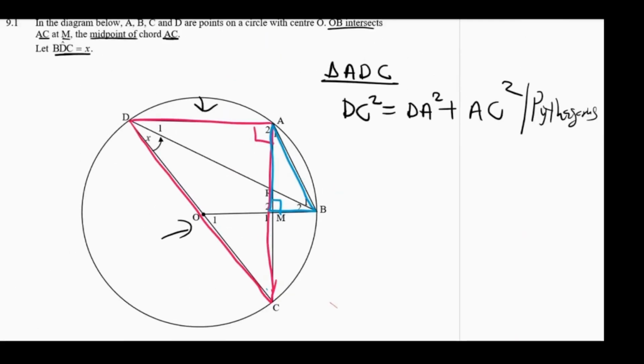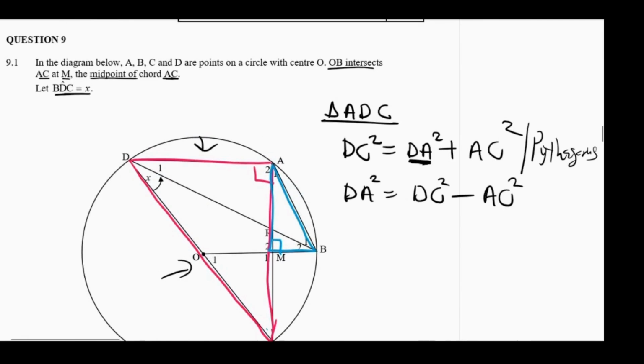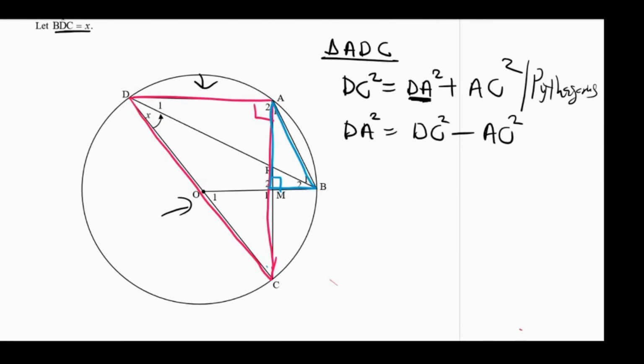The whole point is to find DA, so let me write this in terms of DA. DA squared is equal to DC squared minus AC squared, right? So I want to find the solution of DA squared, or AD squared, whatever you call it.